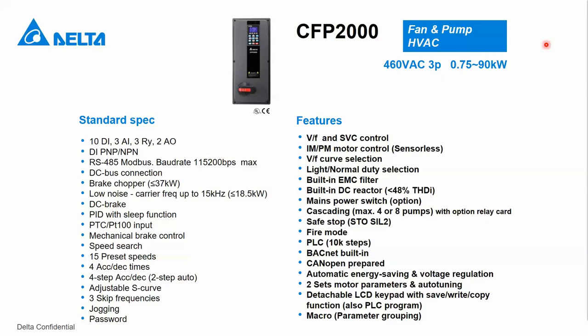And also the built-in DC reactor is present through the whole power range. In the CP2000, it's only from 45 kilowatt and above, but on the CFP2000, you have a DC reactor also below that. At the moment, it's only 400 volt up to 90 kilowatt. However, we will very soon release the 230 volt and 600 volt models.